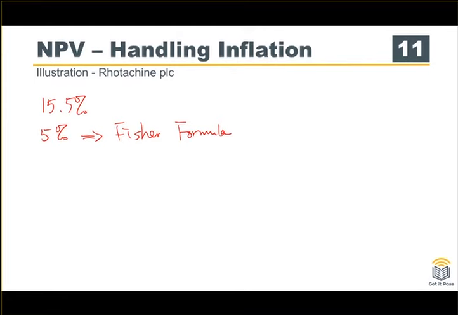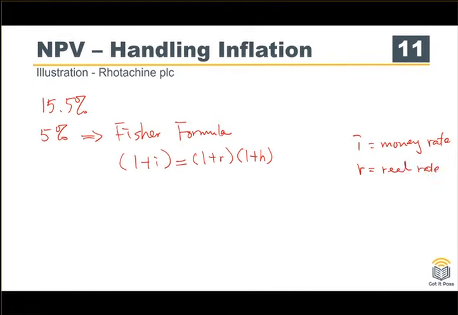There's a Fisher formula which tells you that the money rate, I, is equal to the real rate times the inflation. R is the real rate and H is the inflation rate. You can check with your formula sheet. You can find this Fisher formula.